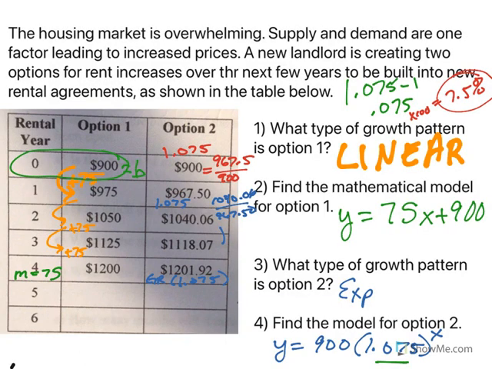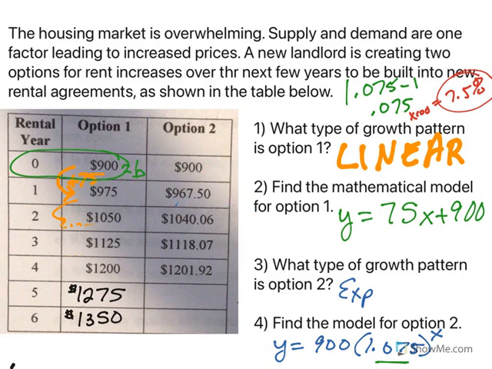All right, so first I'm going to finish the table for linear, because that one's easy. I just add 75. So 1275, 1350. For exponential, since we know the rate here, all we have to do is simply take the previous one and multiply by 1.075, because that's going to give us the next year.